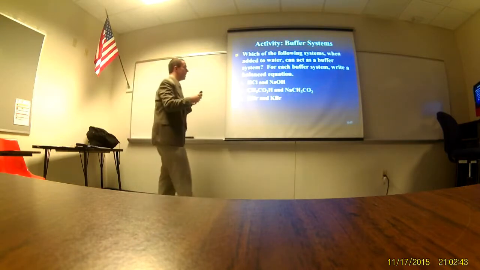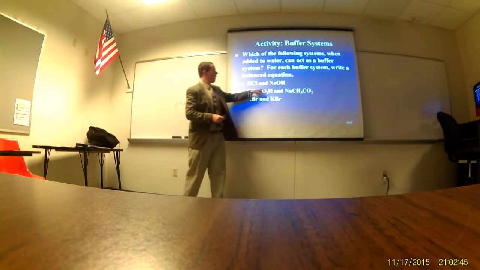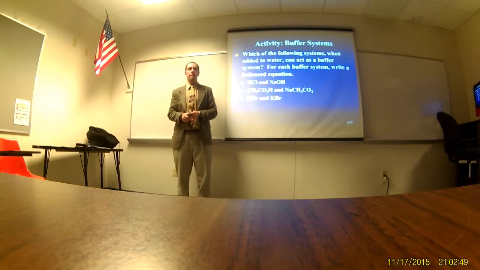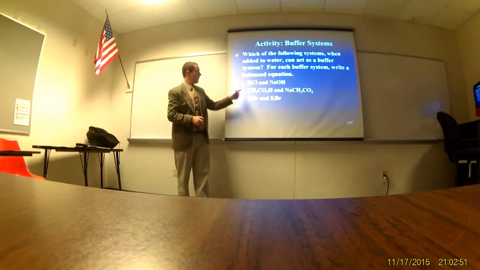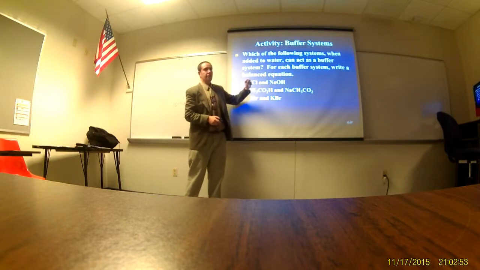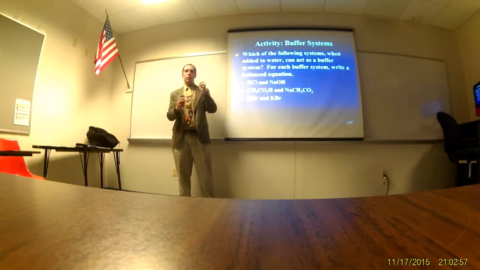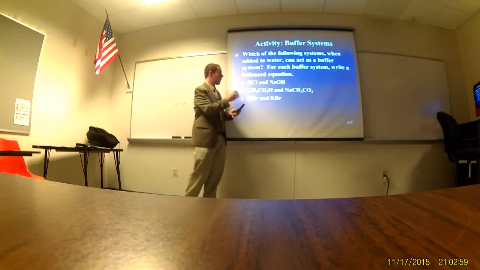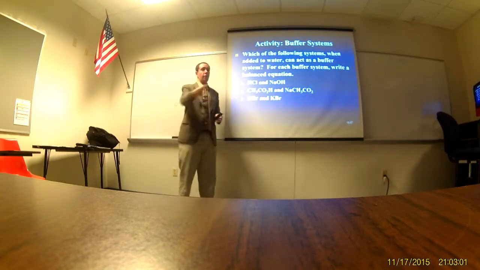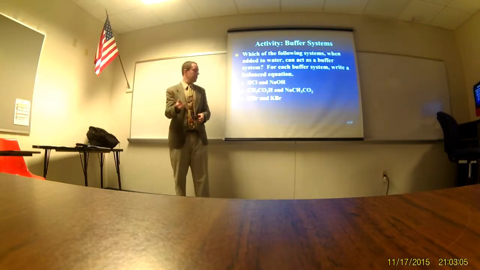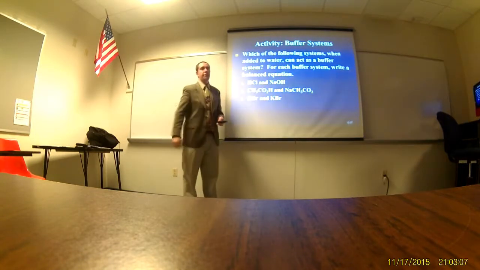What is the conjugate base of this? CH3CO2 minus. There's going to be a negative charge on that. So to make a buffer, you have to add CH3CO2 minus. But you can't go to the shelf and get a bottle of CH3CO2 minus.